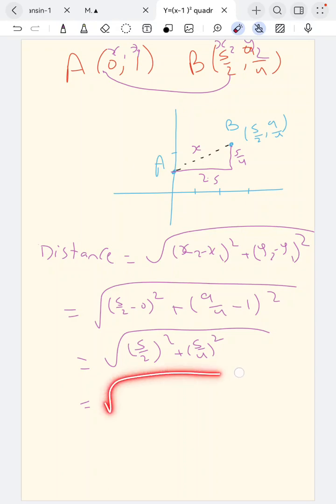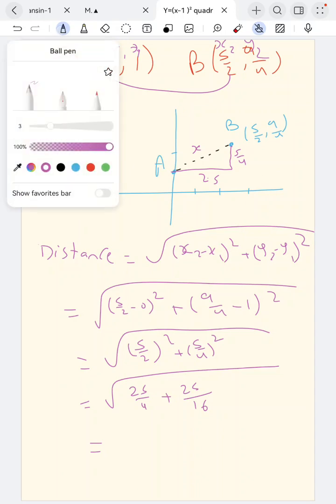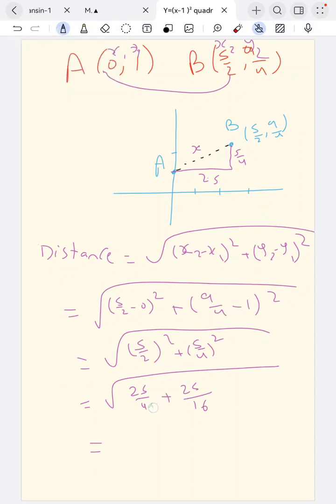5/2 squared, we can do it without a calculator. This is going to be 25/4 plus 25 over 16. Then you can get the square root. You can make the same denominators by multiplying by 4.